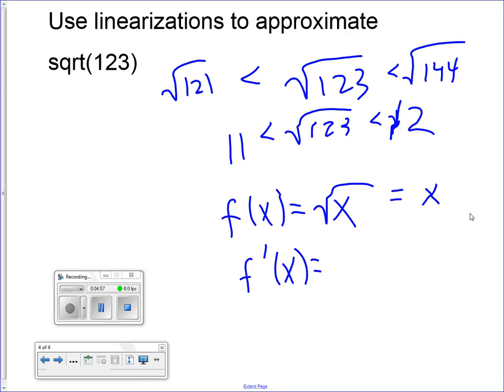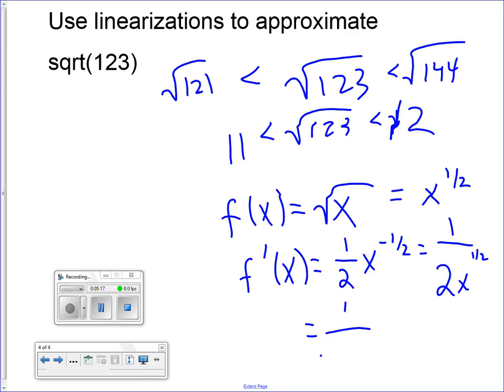It'd be a lot easier to write this as an exponent, x to the 1/2. We'll just write that so it's more obvious. The derivative is the same thing as 1 over 2 square root of x. So if I want the equation of the tangent line, I want the tangent line at x equals 123.